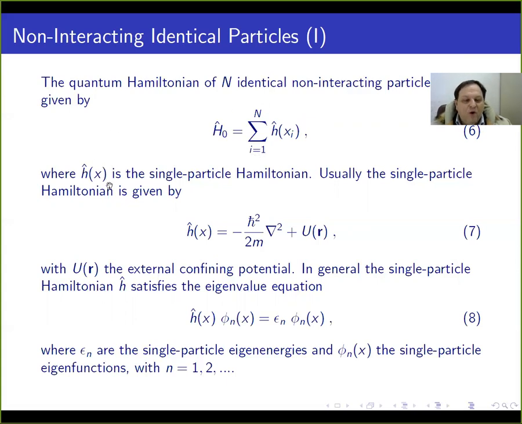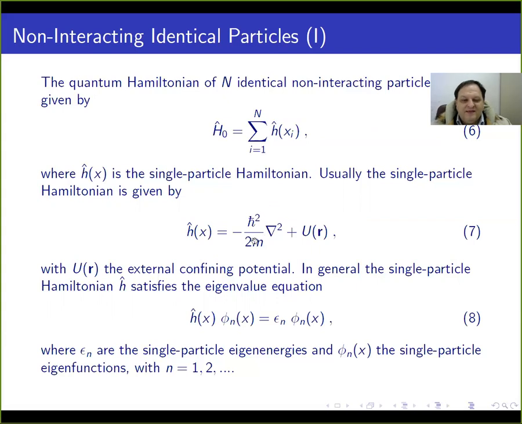And this small h of x is the single particle Hamiltonian. Usually, the single particle Hamiltonian is the sum of a kinetic term plus an external potential term. Here, the kinetic term is written in first quantization, namely minus h bar squared over 2m nabla squared, where obviously m is the mass of the particle. Instead, the external potential is here denoted with the symbol capital U.